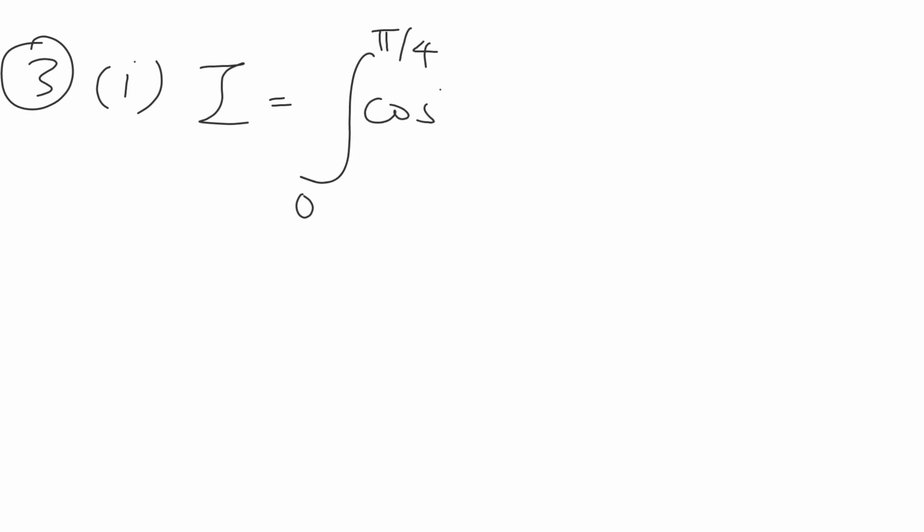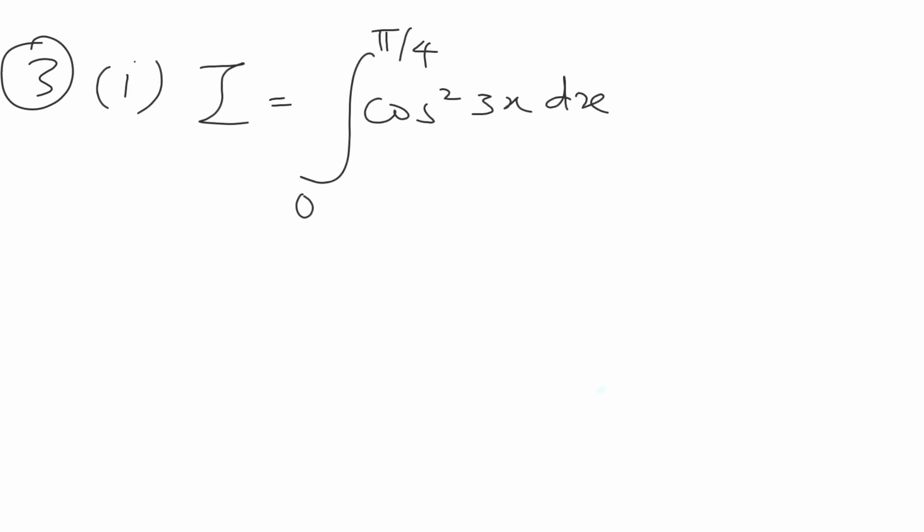Cos square 3x dx. Now, whenever there is integration of sine square and integration of cos square, we always use the half angle formula for cos 2x. So 1 plus cos 2x is equal to 2 cos square x.